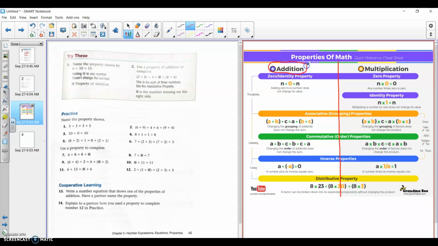So those three rules that we were looking at were identity, right here, the identity property, the associative property, and the commutative property. Now, if you look on this chart, you see that it crosses over to the multiplication side, and that is why today's says commutative property of addition, associative property of addition, identity property of addition, because we're talking addition rules, not multiplication at this time. So we're going to be on that left side of this.